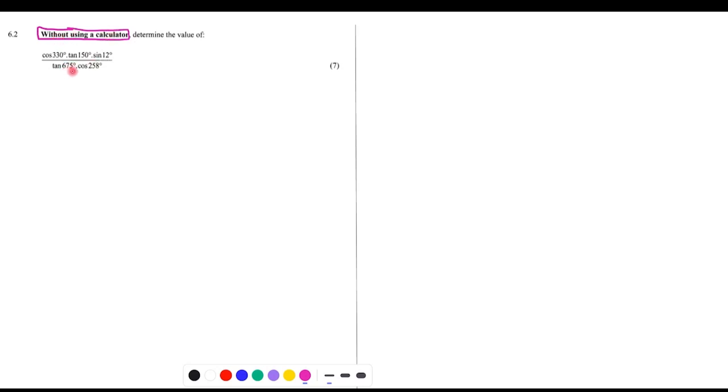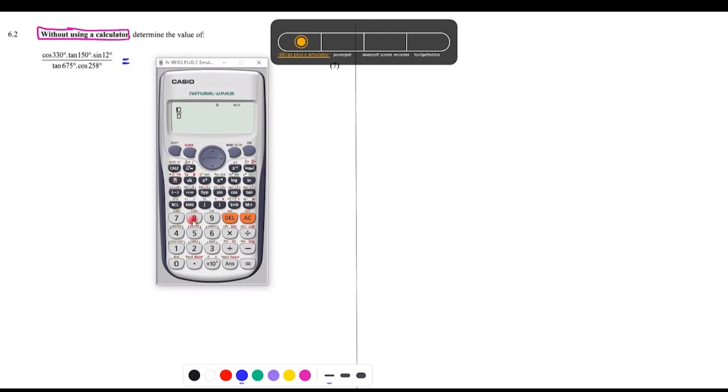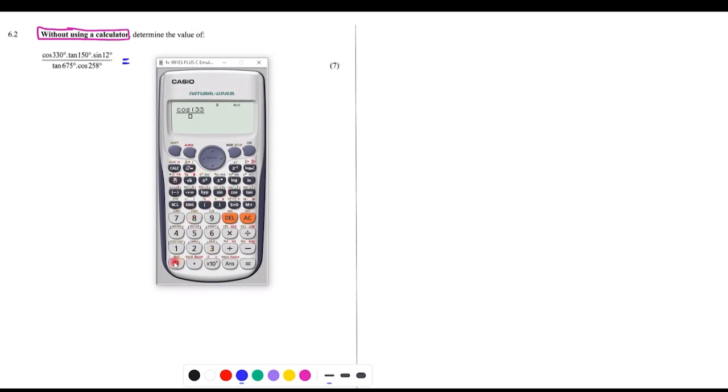So let's just first look at the question. It says let's determine the value of that expression, right? Now the first thing that you always do, the minute it becomes numericals like that, is press that on your calculator first. The reason why you're pressing it on a calculator is because you want to make it easy for yourself, like that.